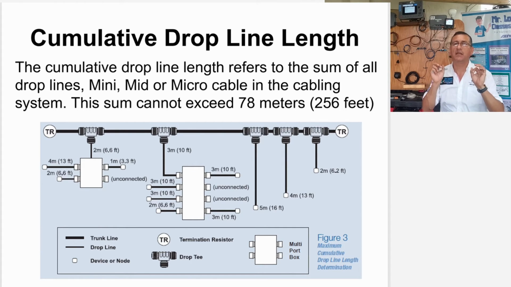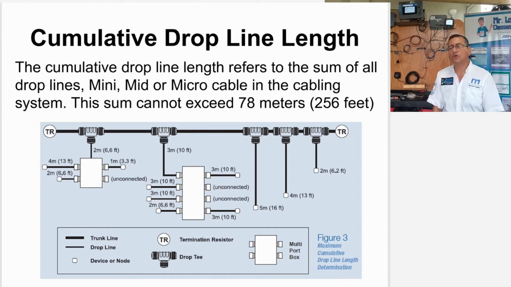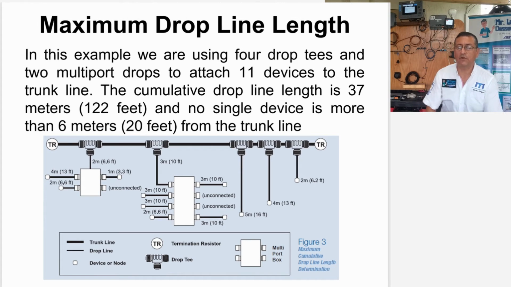One important piece of information: the cumulative drop line length refers to the sum of all the drop lines in the cable system. This sum cannot exceed 78 meters or 256 feet. That's very important information.